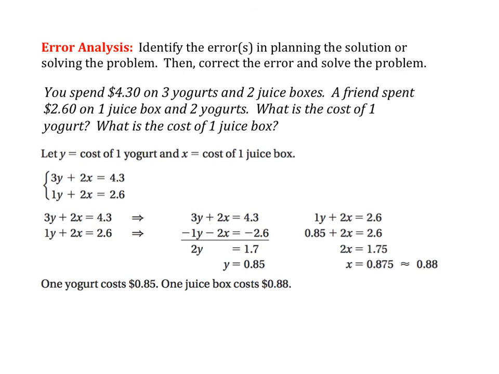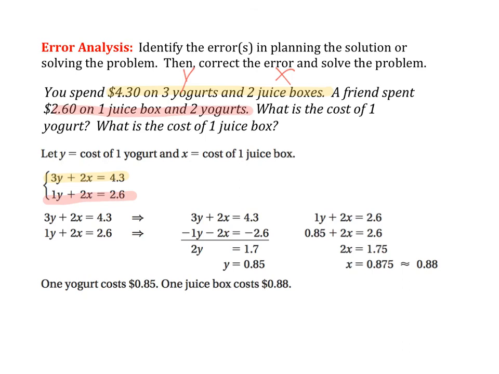All right, so here they have the work. The first scenario was $4.30 for 3 yogurts and 2 juice boxes. So it's looking like this one right here. Judging by their work, they're saying yogurts are y, and juice boxes were x. So that equation checks out. And then the second scenario, $2.60 for 1 juice box and 2 yogurts, should be this one right here.